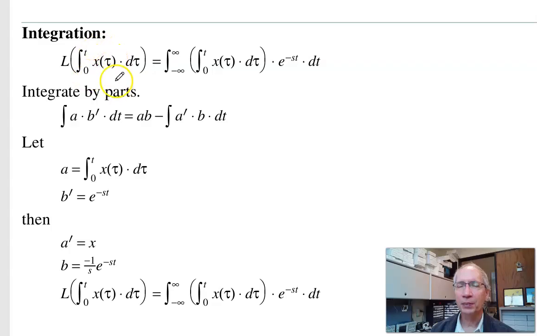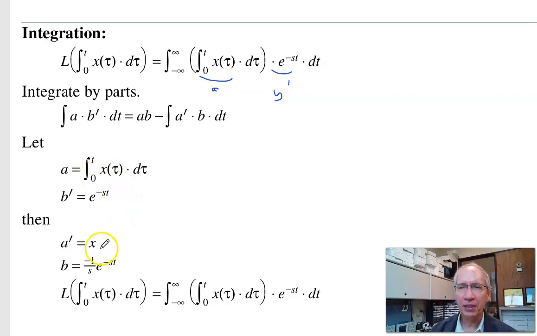Integration. Same trick. Laplace transform of the integral is, by definition, the integral of your function e to the minus st dt. Do integration by parts, where a is this part. B prime is e to the minus st. I'm going to take the derivative.